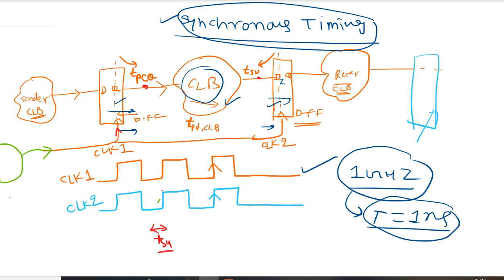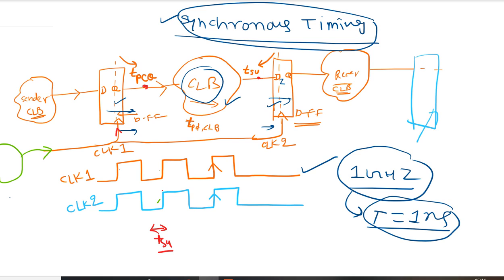So we can discuss this problem of sending the data in both ways: either we design the CLV given that we have fixed the clock time period, or we have designed the CLV and we have to design the clock now.